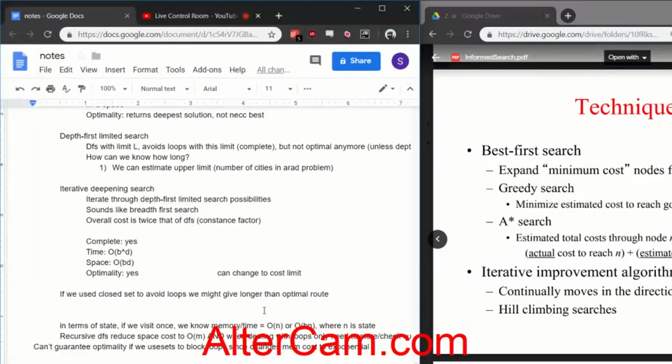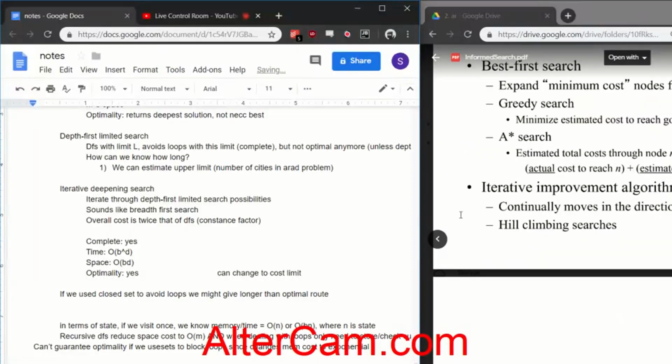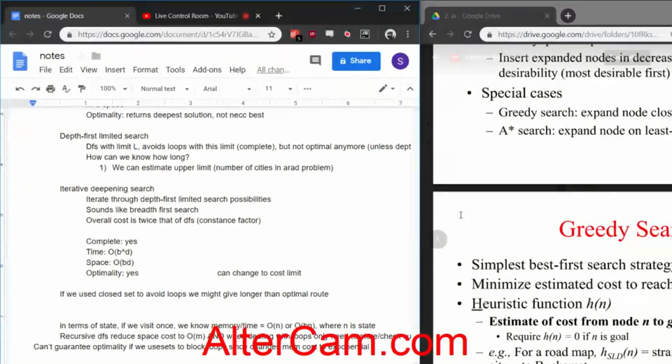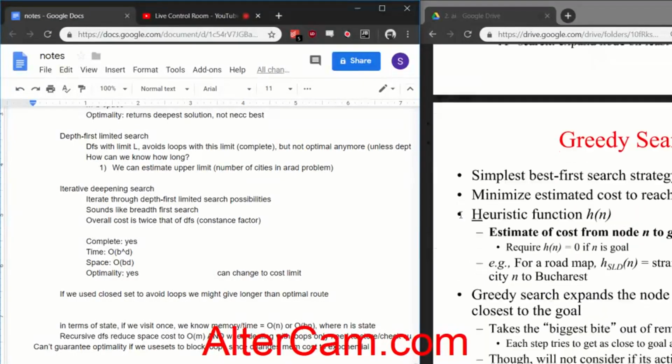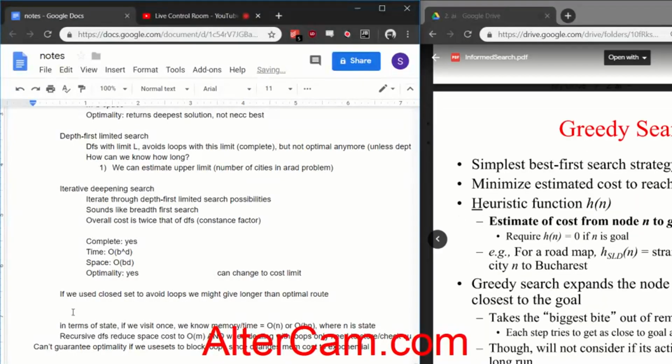It's a function that estimates the cost that we have remaining. So remember, the path cost function talks about how much it cost to get from where we started to where we currently are. Heuristic tells us how much we have to pay to get from where we currently are to where we want to be.